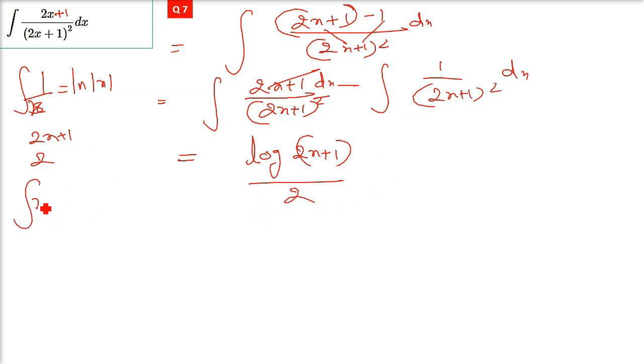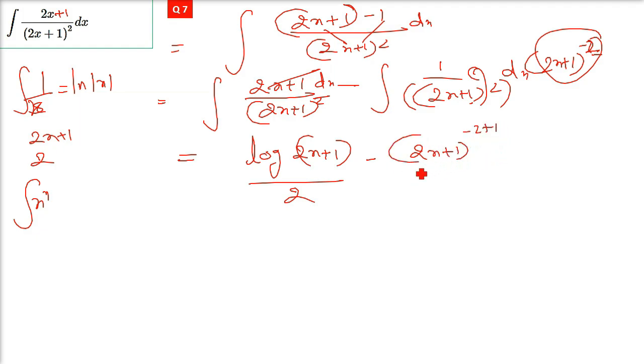And for this one, x to the power n will be used. This goes up, so it will be 2x plus 1 to the power minus 2. Integration of this will be 2x plus 1 to the power minus 2 plus 1 divided by minus 2 plus 1, and constant of integration, of course.